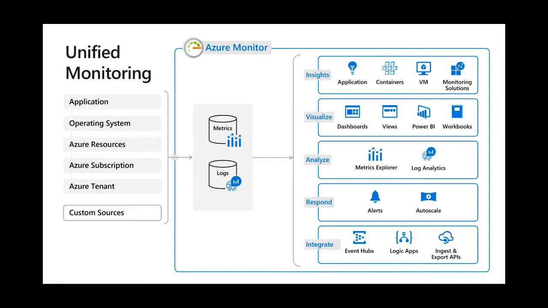If you want something more than that, we have monitoring solutions that you can install and add into Azure Monitor. If you are interested in monitoring the networking part, you will see that you have a bunch of monitoring solutions to choose from. In terms of visualization, since you are gathering a lot of data, you will want to easily visualize it.